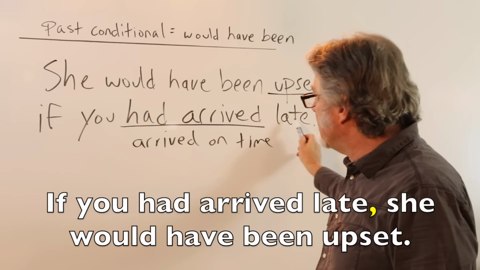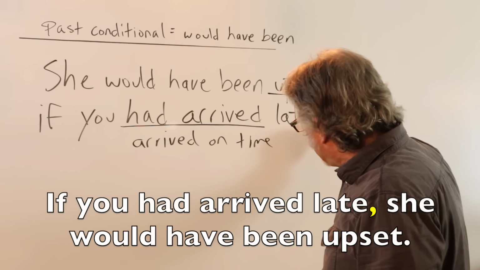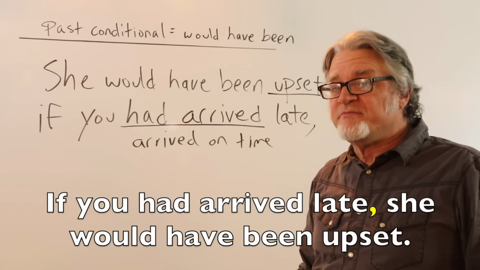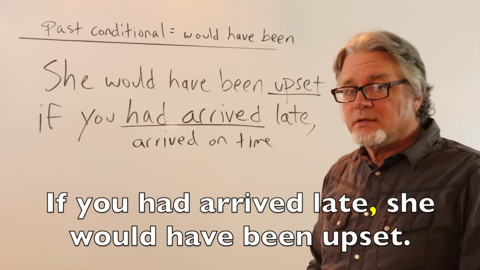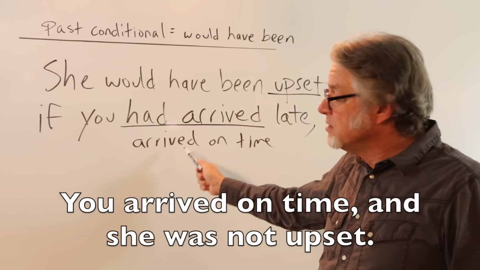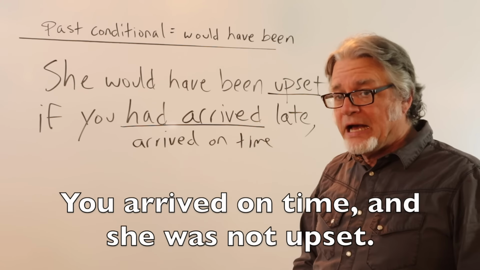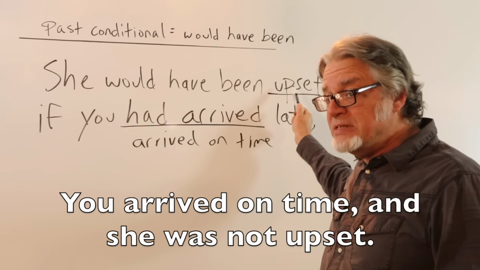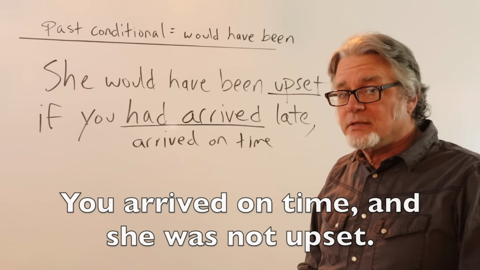If you had arrived late, and then you would put a comma, she would have been upset. But you didn't arrive late. You arrived on time, and she was not upset.